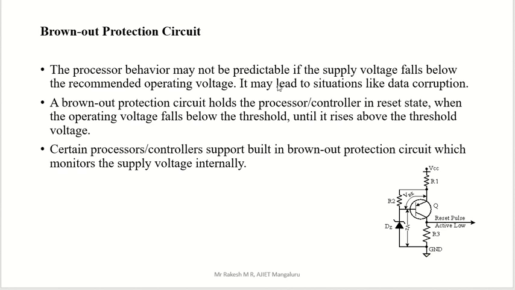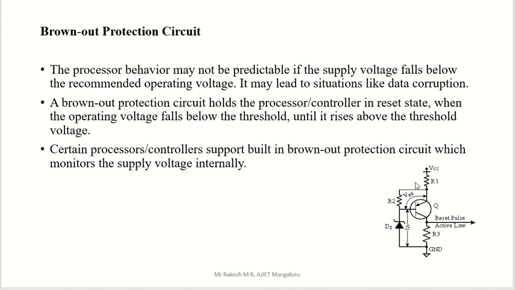That is given in the first point: if the supply voltage falls below the recommended operating voltage, it may lead to situations like data corruption. The second point is that the brownout protection circuit holds the processor controller in a reset state when the operating voltage falls below the threshold, until it rises above the threshold voltage. We use this brownout protection circuit to protect your data and your circuit.